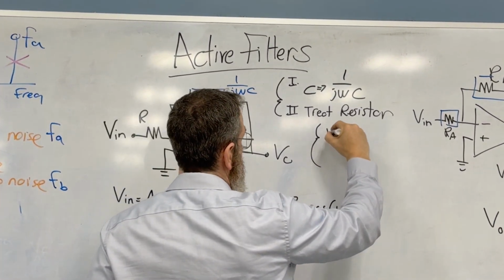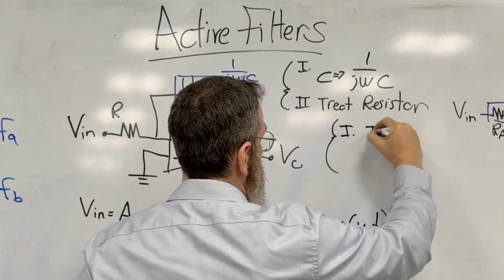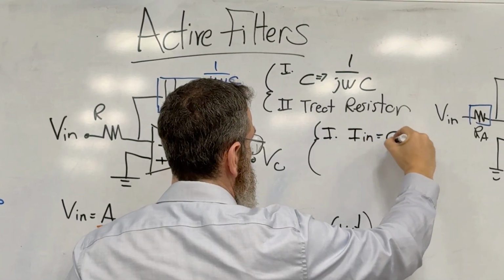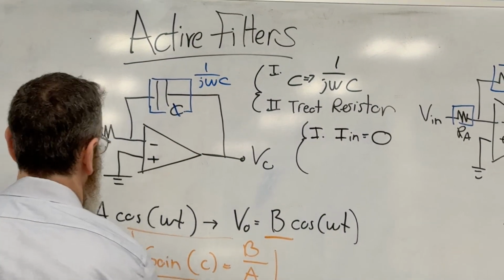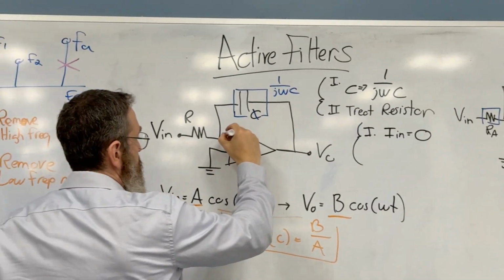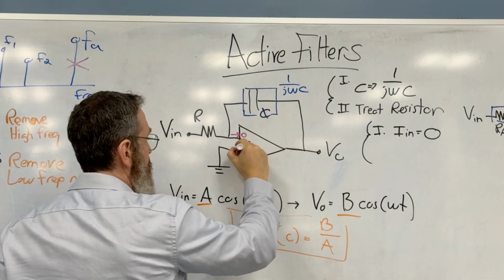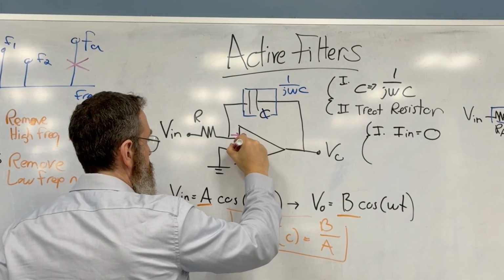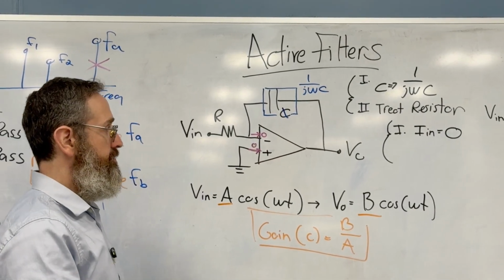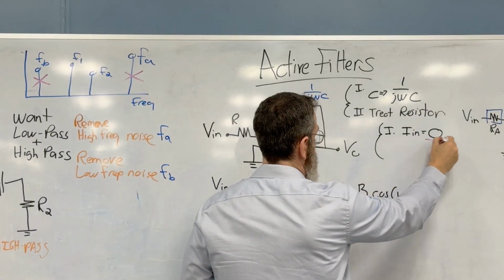Rule number 1 sets the input currents to 0. What we mean by that is that this current here is 0, and this current here is 0.